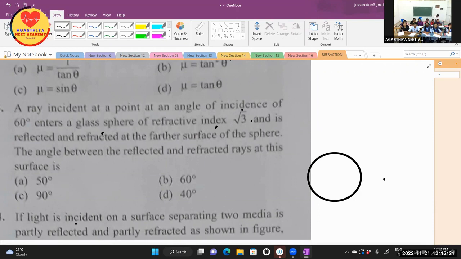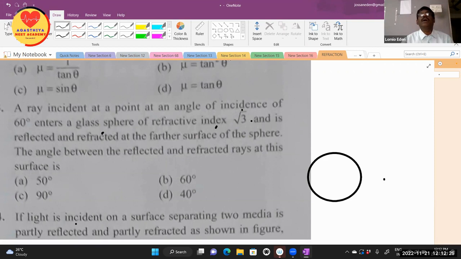A ray incident at a point at an angle of incidence 60 degrees enters a glass sphere of refractive index √3. This is the center.